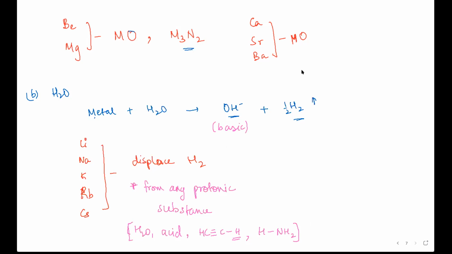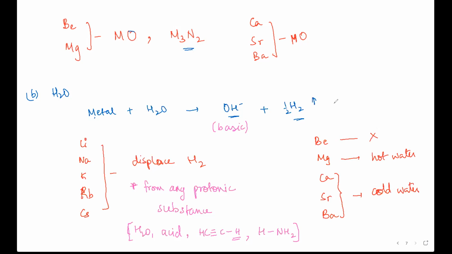Now, coming to group 2 elements, so beryllium, magnesium, calcium, strontium, barium. So, beryllium does not react with water. Magnesium only reacts with hot water. With cold water, it doesn't react, but these three are capable of reacting with cold water also.